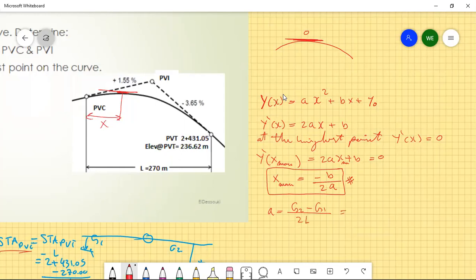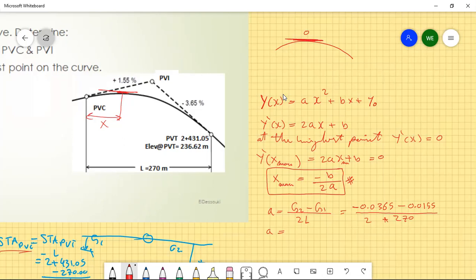So G2 is minus 0.0365, minus G1, which is 0.0155, divided by 2 multiplied by 270.